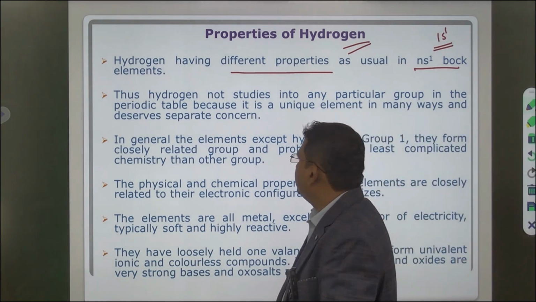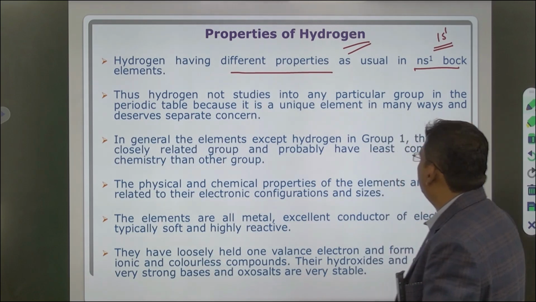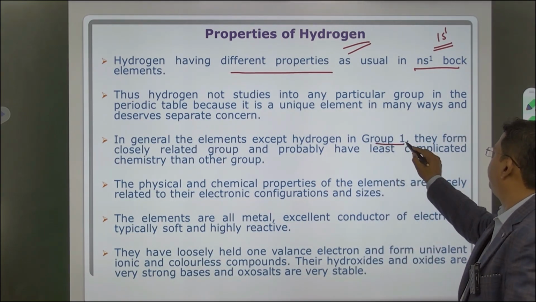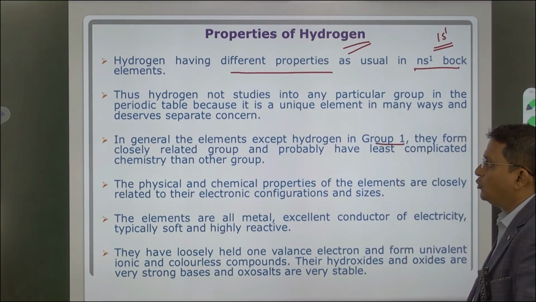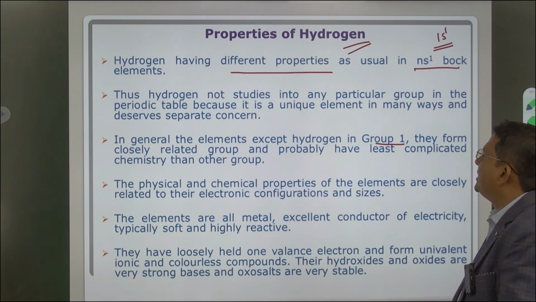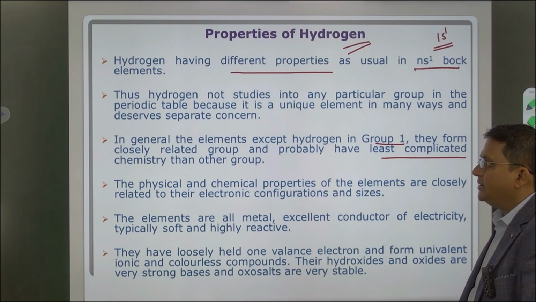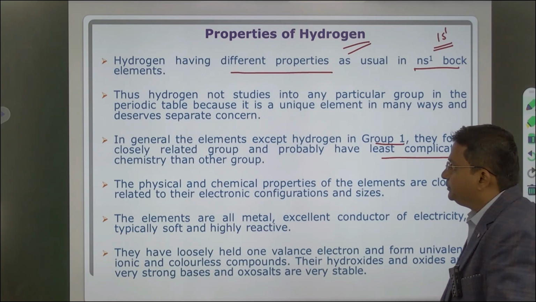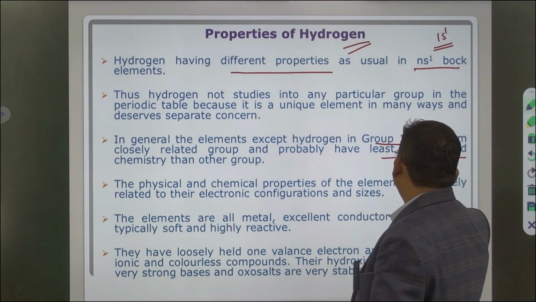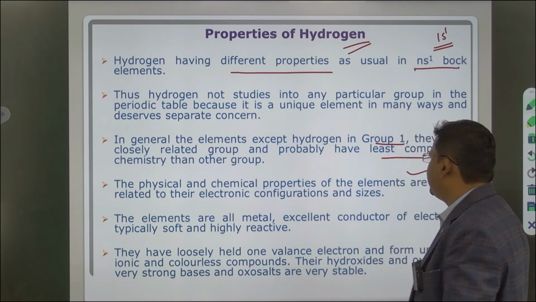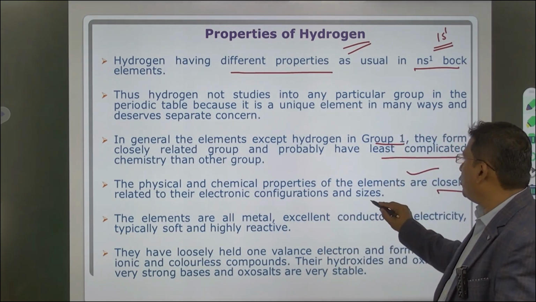In general, the elements in group 1 except hydrogen form a closely related group and probably have less complicated chemistry than other groups. The physical and chemical properties of elements are very closely related to the electronic configuration and size.